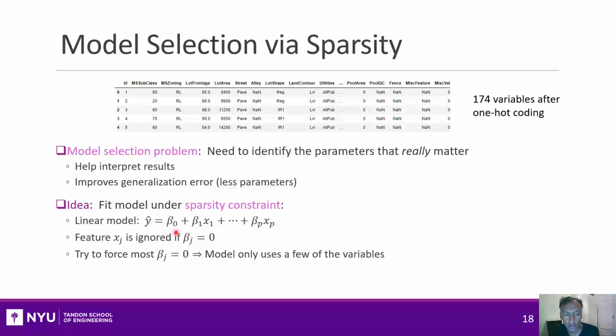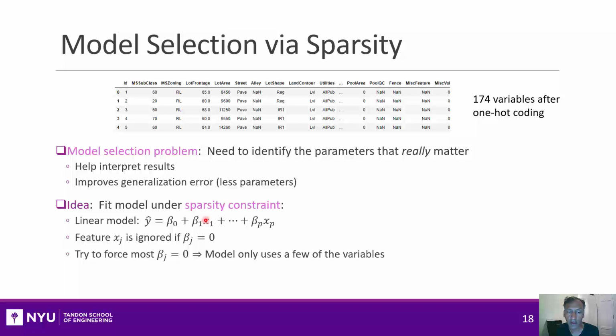A linear model, you have that the target is a linear sum of these variables. Now, if one of these coefficients, say beta j, is 0, that means that variable is essentially being ignored. It means that it's not being used in the prediction.